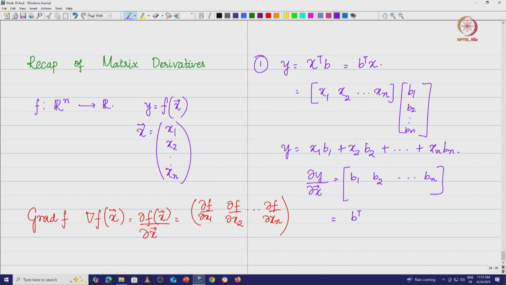And if you want to put that in the other layout, where you arrange your gradient as a column vector, that is, if grad f is taken as a column vector, then dou y by dou x vector is nothing but the b vector itself, right. This is b transpose, right.